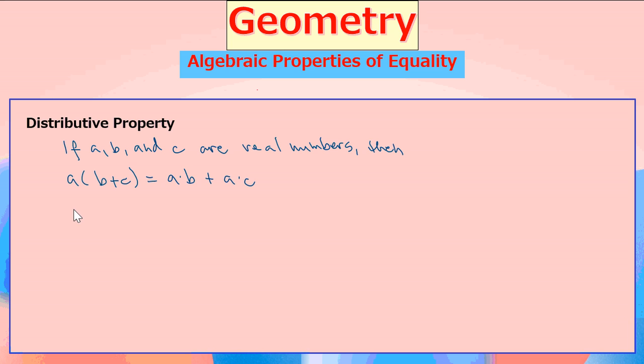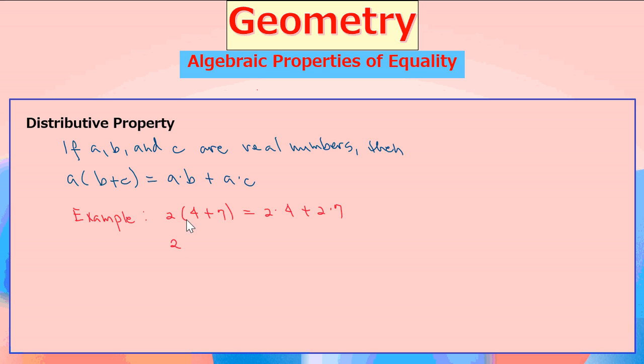For example, you have 2 times the quantity 4 plus 7. So that should be equal to 2 times 4 plus 2 times 7. So let us verify if this equation is correct.